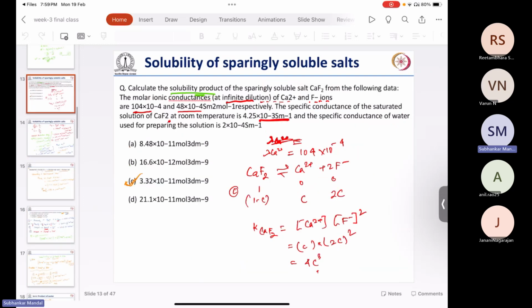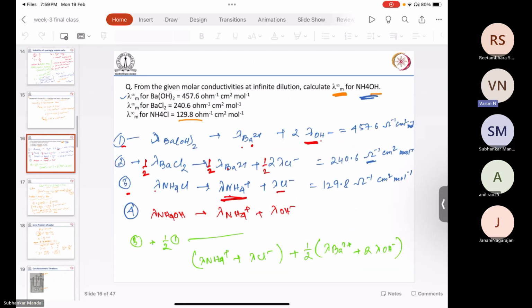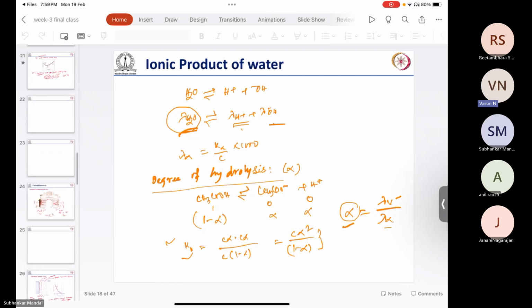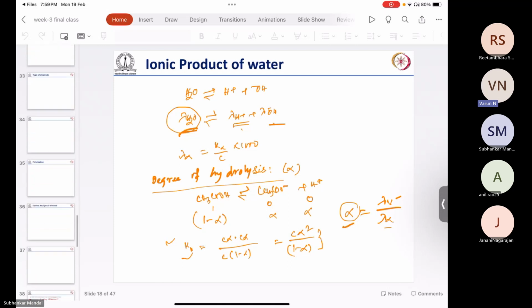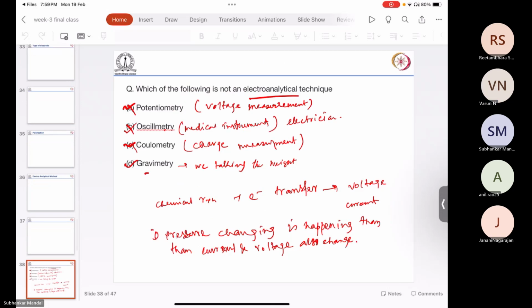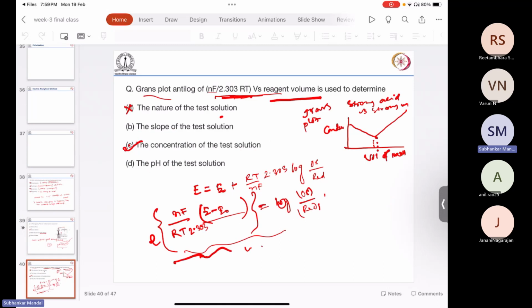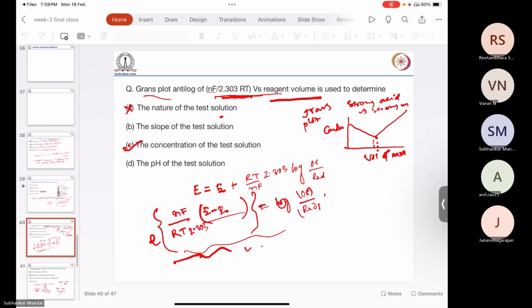What is the EMF of the cell? Zinc and copper combination is given, sir. Previous week's question. Okay, let me check. I forgot because I did not give the.